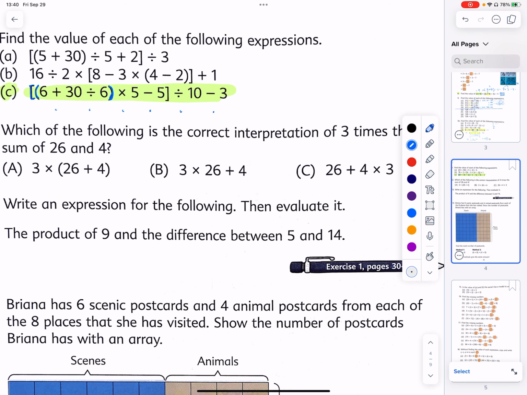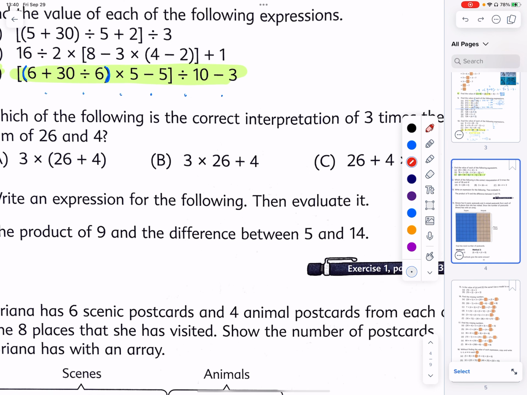I'm going to use a different color for my brackets. According to the rules of operations, we're going to look inside the parentheses first. So let's compute these parentheses. 6 plus 30 divided by 6 simplifies to 6 plus 5.